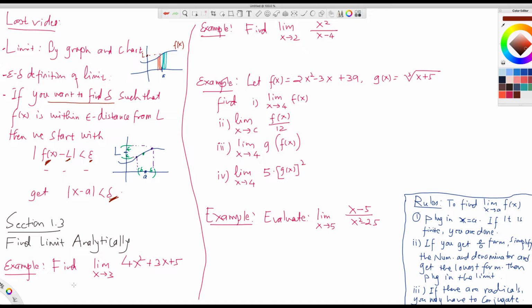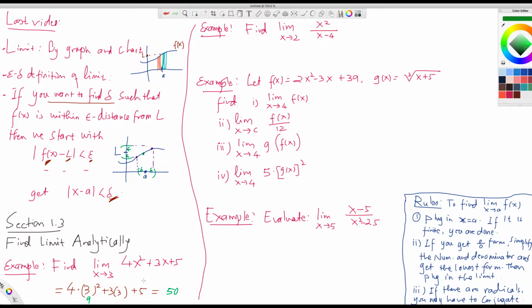So how do I find out this limit, for example, is you do 4 times x squared, which is 3 squared, I'm just plugging in x equals 3, plus 3 times 3, right? And then plus 5. So how much is that? 4 times 3 squared, 3 squared is basically 9. So this is 9. 4 times 9 is 36. And this is 9. 36 plus 9 is 45, plus 5 is 50. So 50 is the answer there.